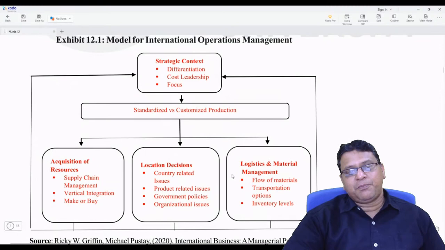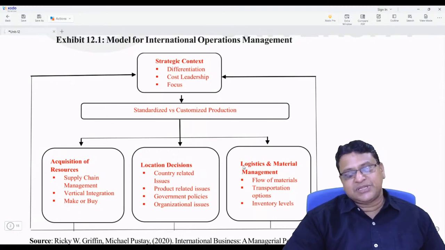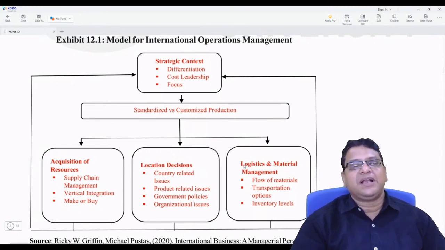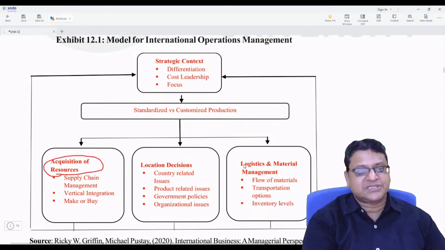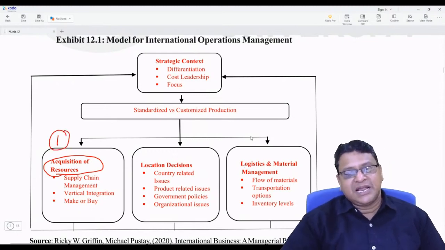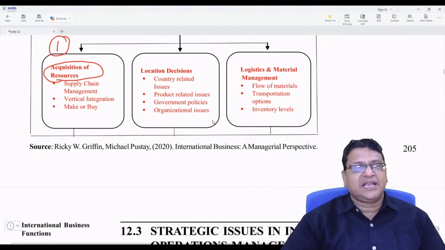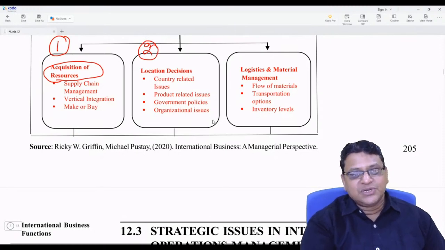Production in international operational management generally deals with three important decisions. First decision is related to acquisition of resources. What is acquisition of resources? From where resources can be acquired. Second, the decision related to location of business, where to set up the business, the locational decision.